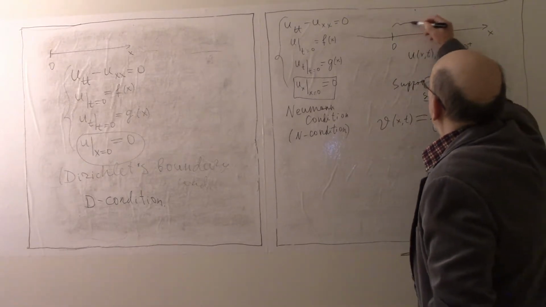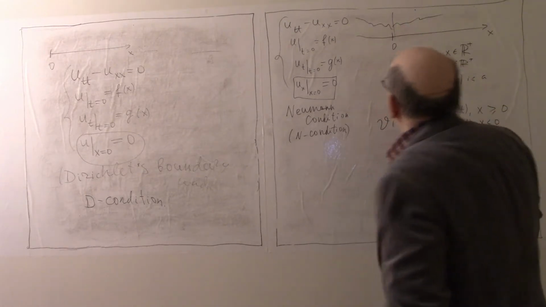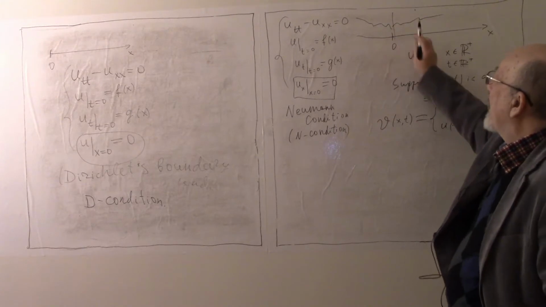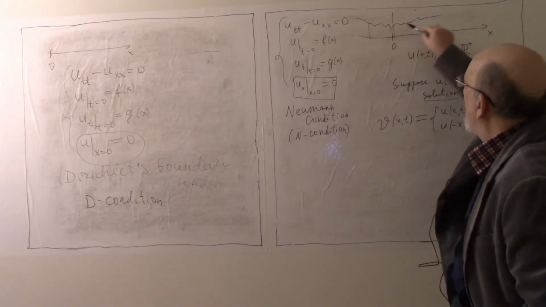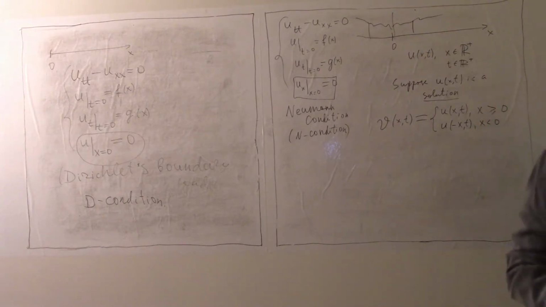So we take our function and we reflect it this way. So we find an even function such that for opposite values of x it takes the same values.